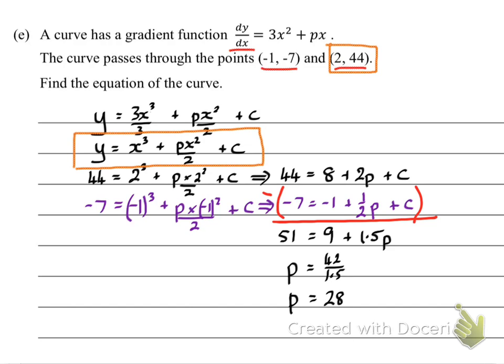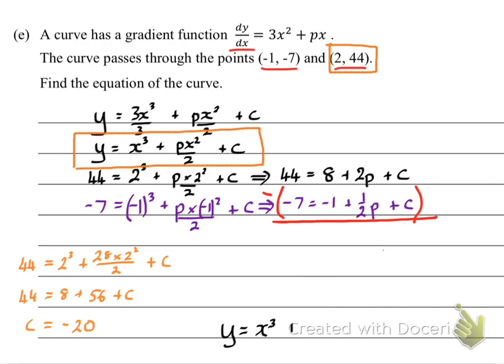So p equals 28. Now, we haven't found our curve yet. We've only found the p part of it, so put 44 and 28 and 2 into that, and we find out that c is -20. Now we can write out our equation. Remember that p is divided by 2, so p will become 14. And there we have our equation.